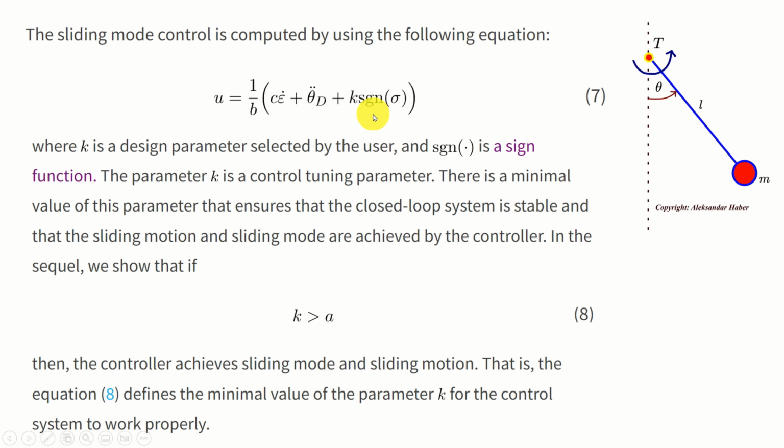The sign function returns 1 if the argument is positive, it returns -1 if the argument is negative, and it returns 0 if the argument is 0.